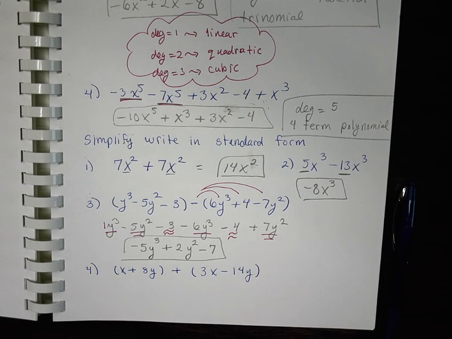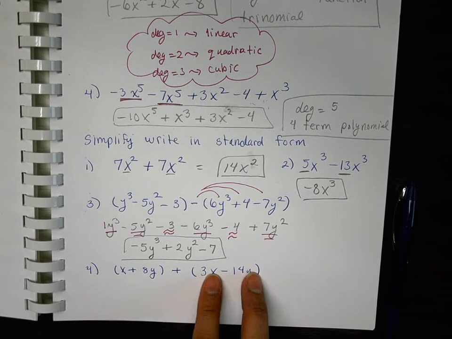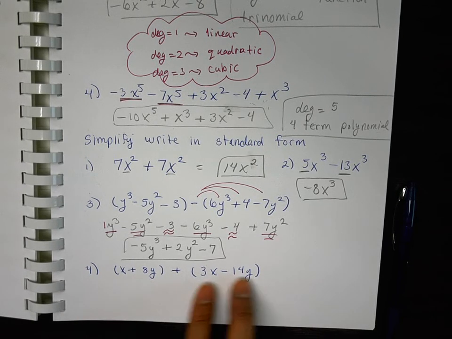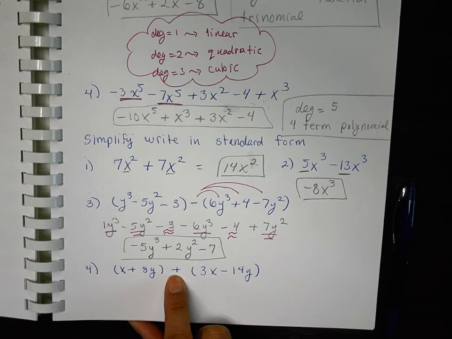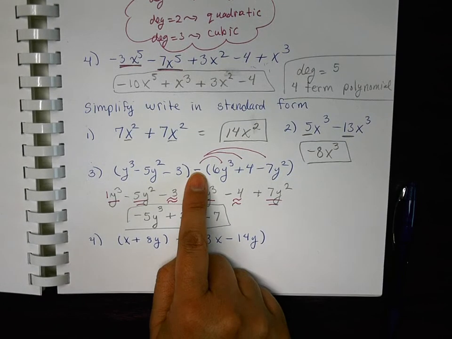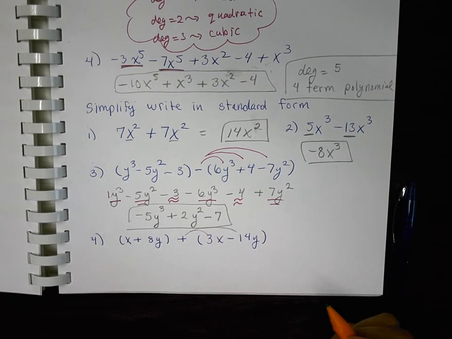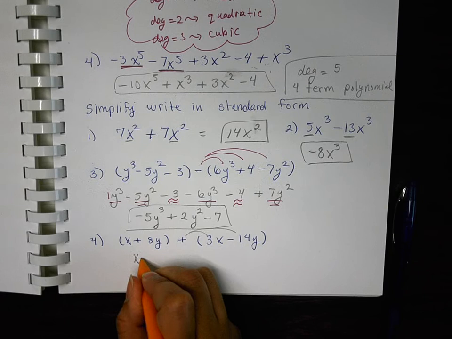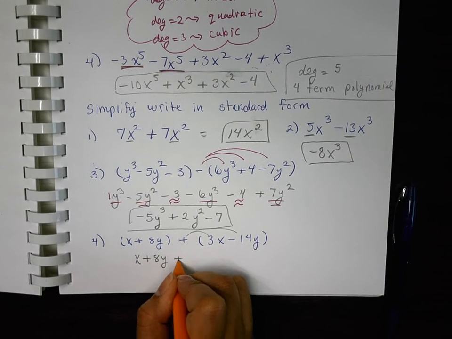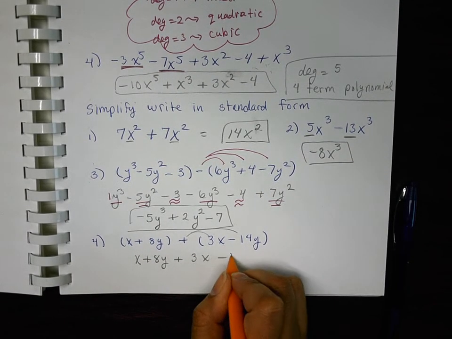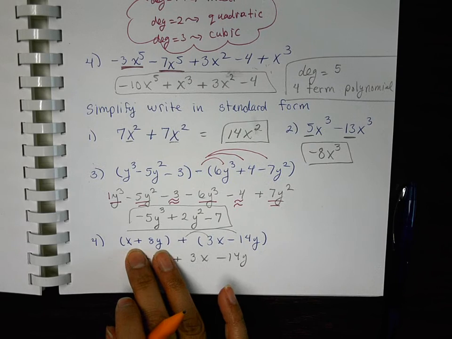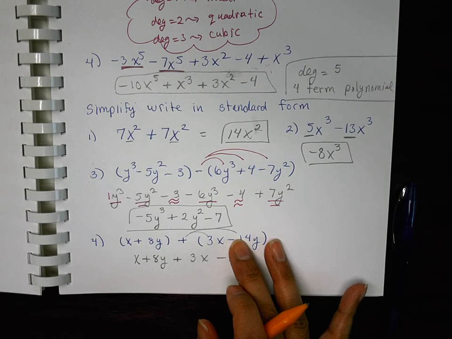No. Even though it looks like double distribution, is this double distribution? No, because there's an addition sign there. Just like up here when you distribute, what happens when you distribute a positive sign? Does anything change? No. So is it pretty much the same as just dropping your parentheses? All right, so it's just telling us this binomial plus this binomial ends up being what?